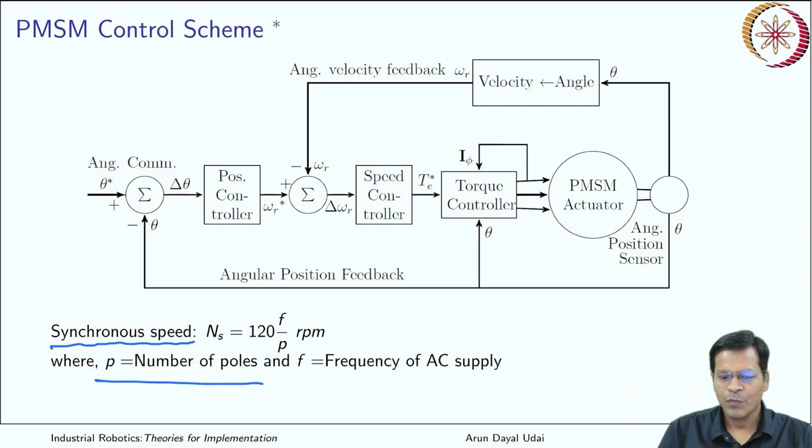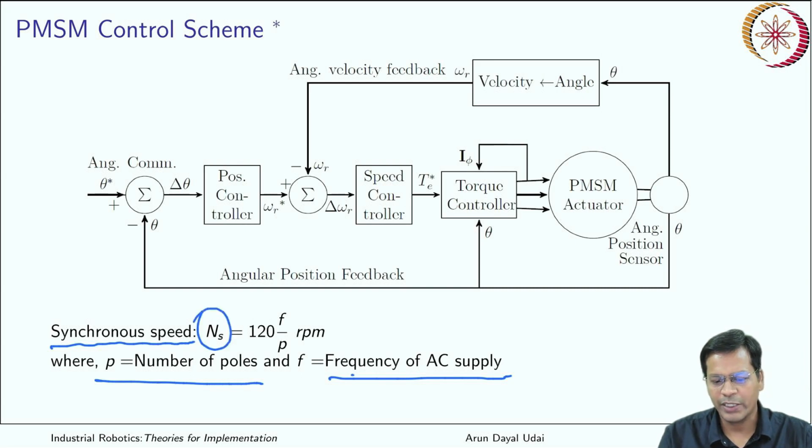So the frequency of the AC supply gets divided by this. Synchronous speed is equal to 120 f by P, where f is the frequency of the AC supply and P is the number of poles. Ultimately, this is the speed with which your magnetic field will rotate.